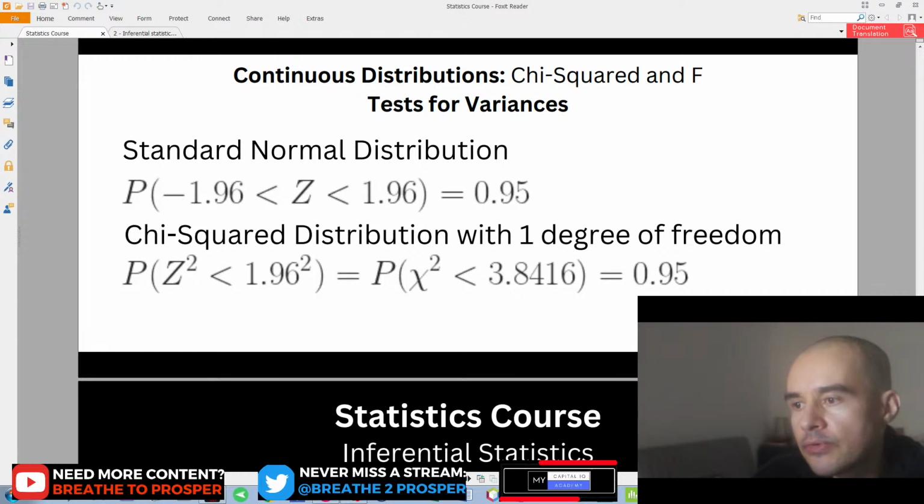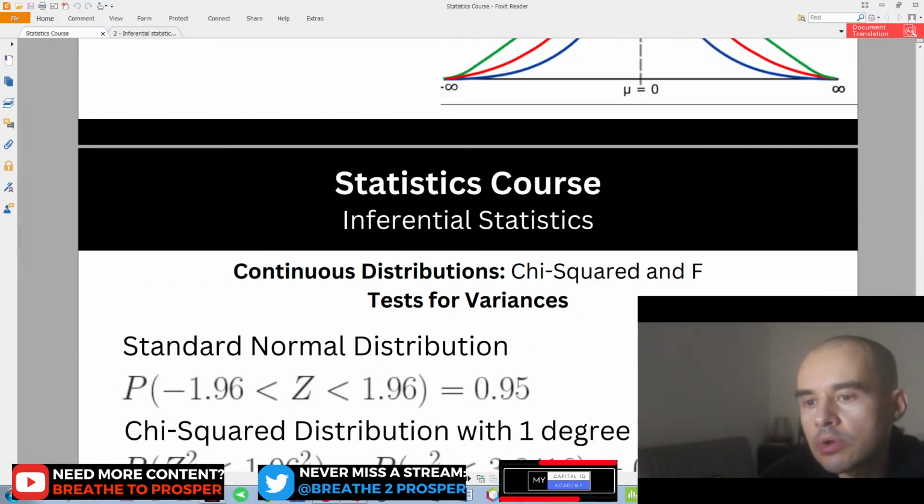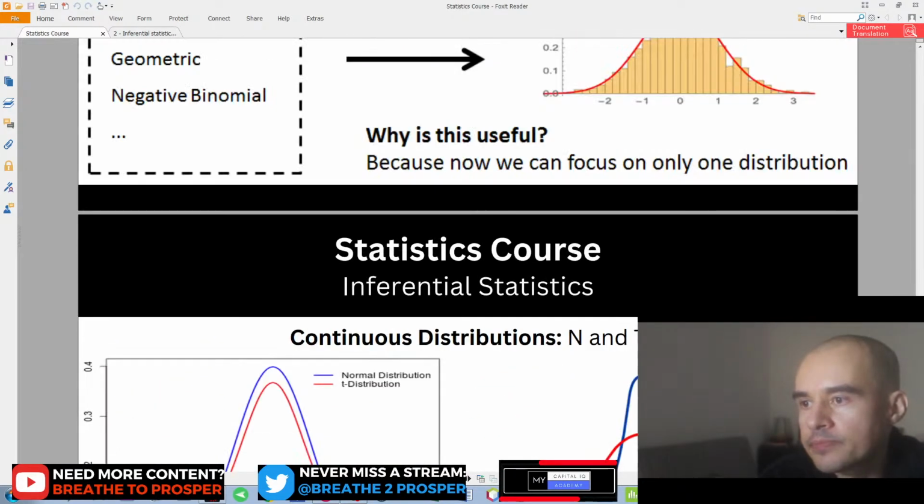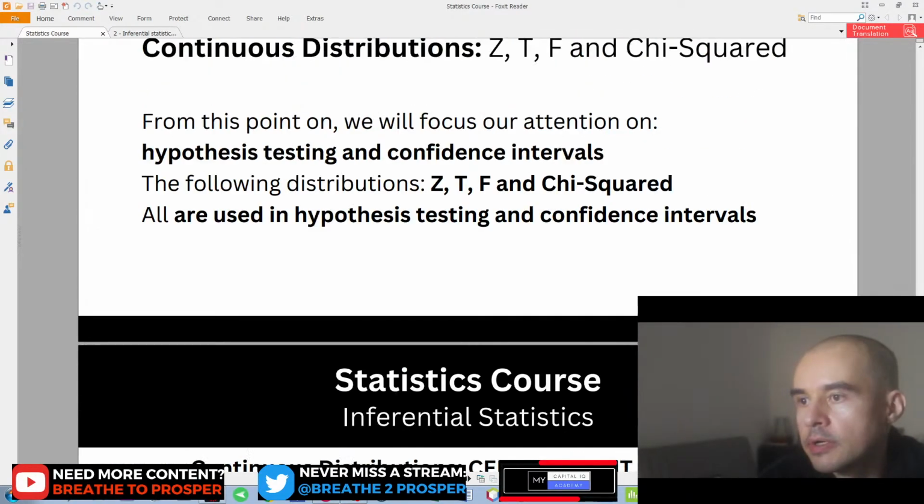And I have a proof here for you: if you take the z-score values at a 95 significance level, for a two-tailed test they are between minus 1.96 and 1.96, so you get 95. But if you take the chi-square distribution with the same value squared, 3.8416, you get 95 as well. Okay? It's just to show you that all the distributions that we saw earlier get you this.